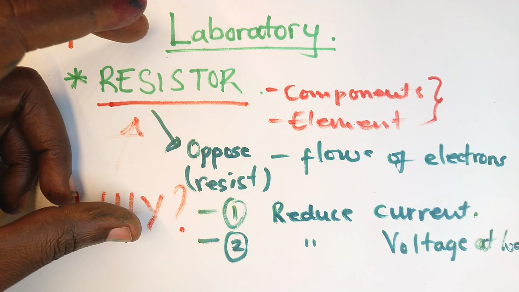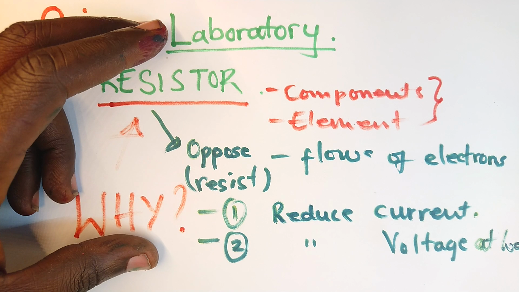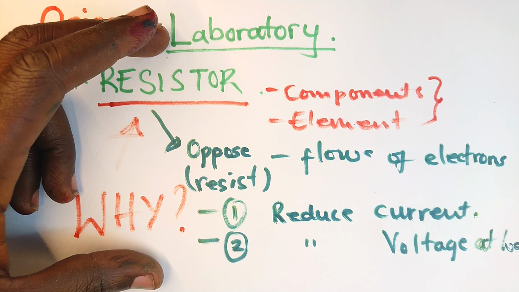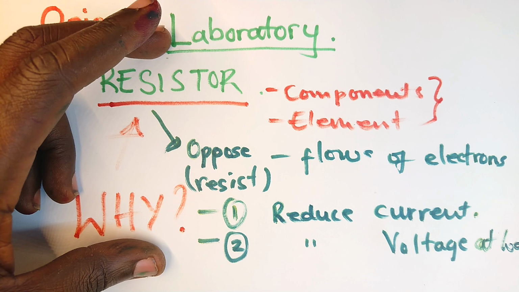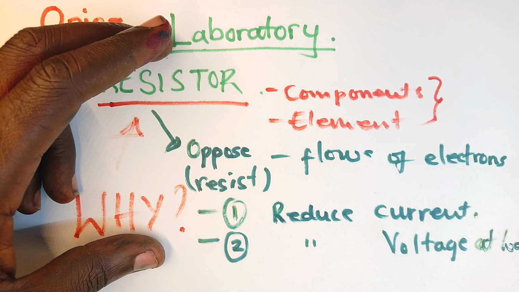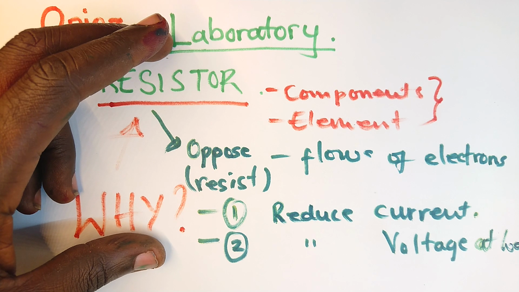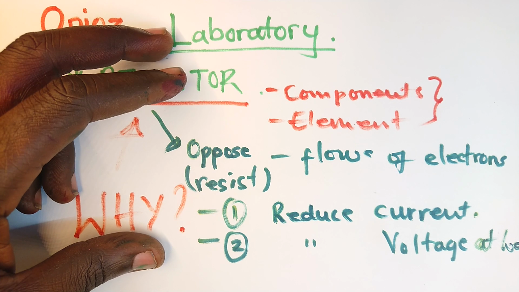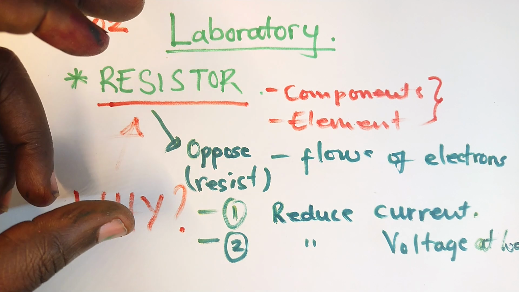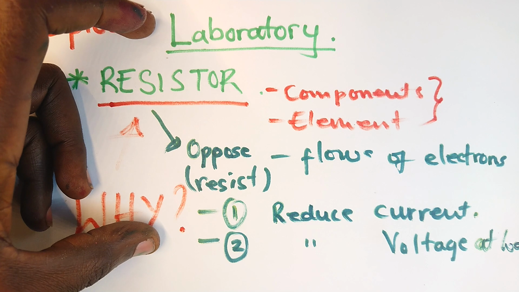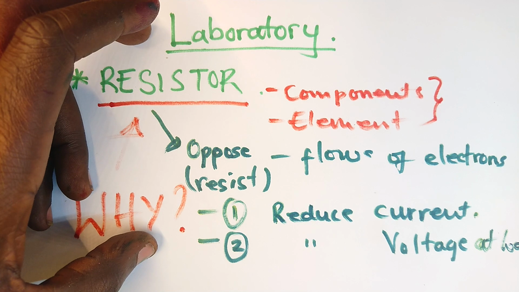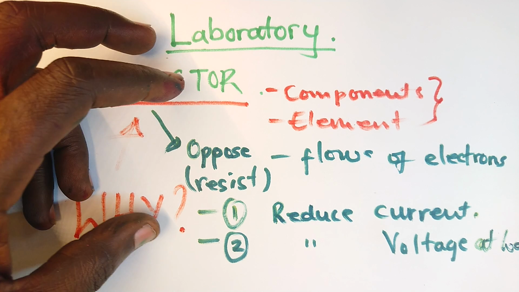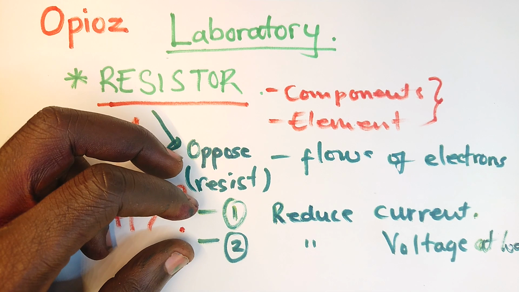Now, assuming we had already a very high voltage source, like 7.5 volts, but then the bulb that you have operates at a much lower voltage, like let us say it's rated for 5 volts, how would you tap only 5 volts from that 7.5 volt source? That's where a resistor would come into play.